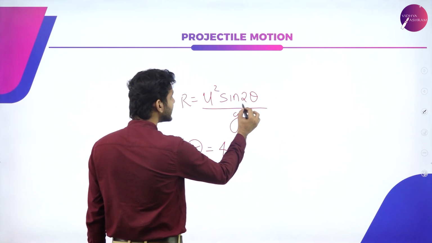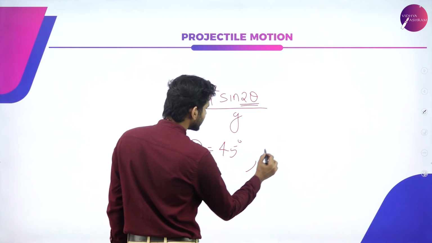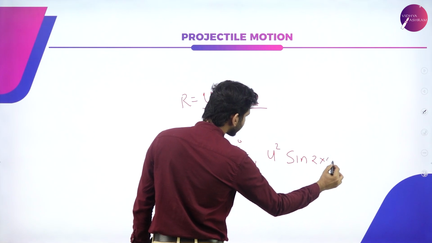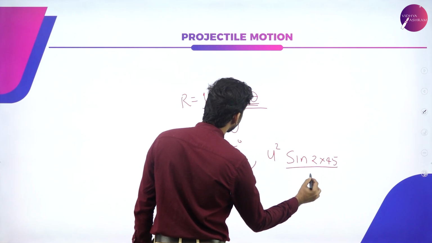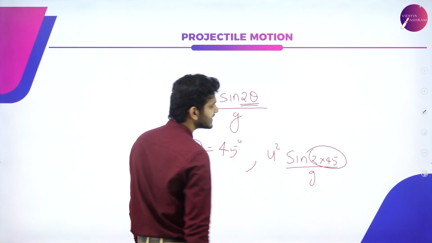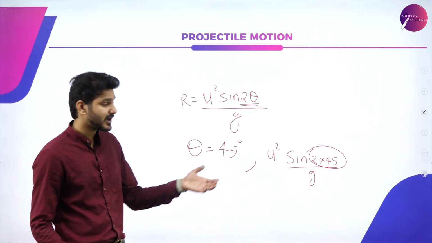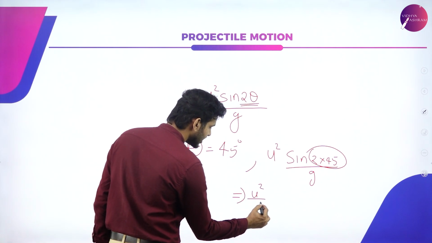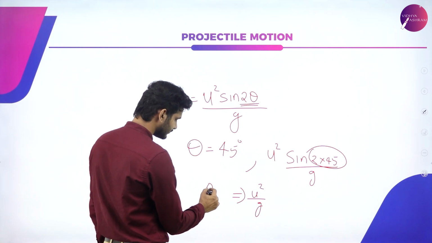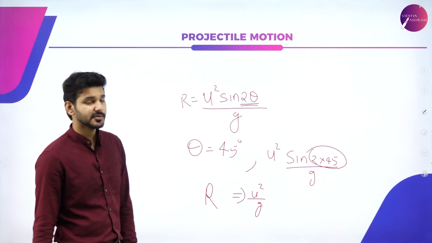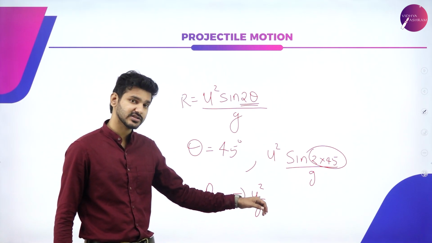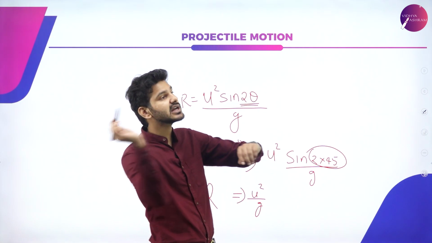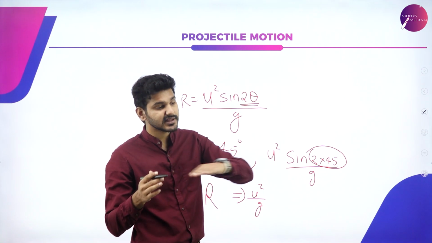Because here it is 2 theta, which means u square sine 2 into 45 divided by g, so we get sine 90 again, the maximum value, and the range is u square by g. So the maximum range depends only on the initial velocity and acceleration due to gravity if we throw it at an angle of 45 degrees with the horizontal.